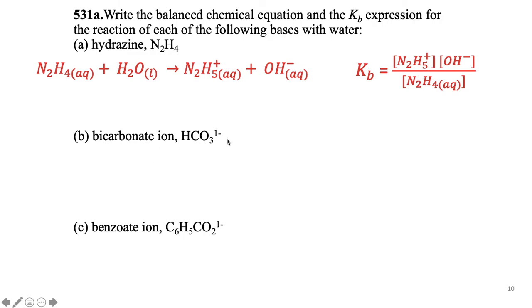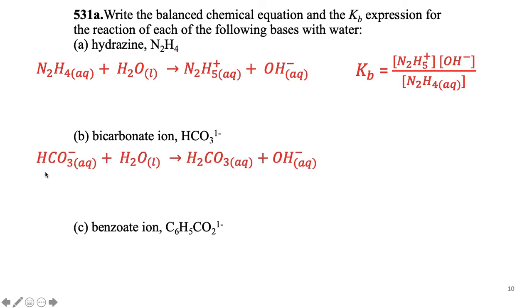Let's look at the bicarbonate ion. It's acting as the base. It's accepting a proton. So I will increase the hydrogens to 2. I will also increase the charge, minus 1 plus a 1 to a 0. Here it is: HCO3 minus plus an H plus from the water gives me H2CO3 with a 0 charge, because a minus 1 plus a 1 gives me 0.